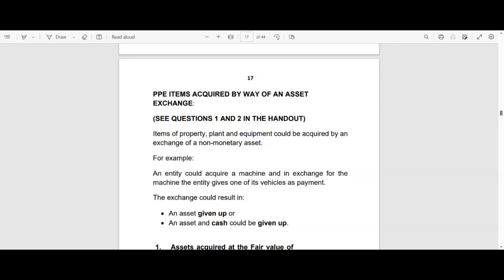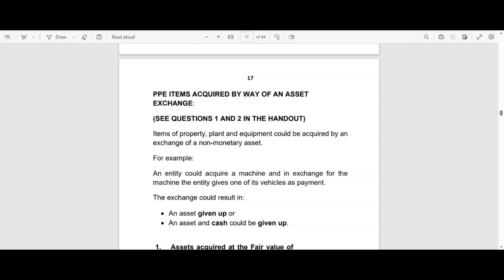If you are not certain about the fair value of your old asset and you are not certain about the fair value of the new asset, if both of those are either completely unknown, or very, very vague, in other words, not clearly evident whatsoever, then IAS 16 says, okay, we have to have another backdoor here.